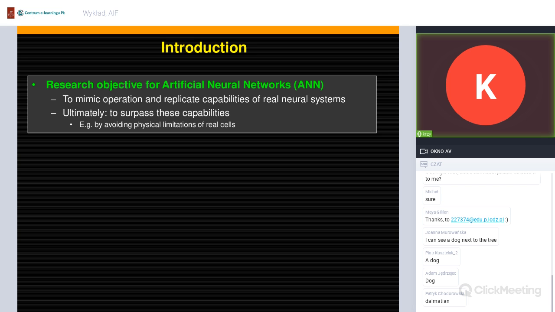The task that is being solved by our neural networks is very often biased by our experience, and by the fact that we are using living cells that get tired, that burn out of energy, and the results of operation are very often erroneous.